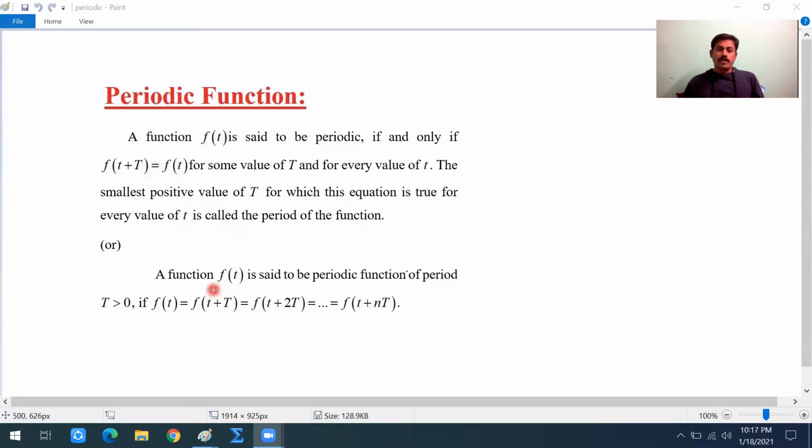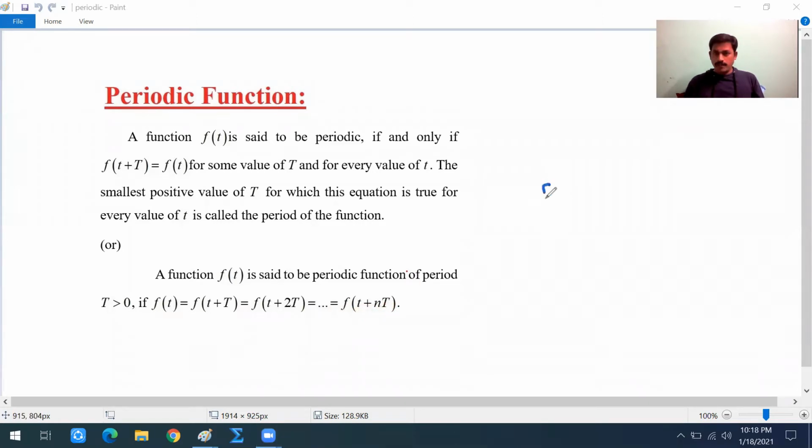or a function f of t is said to be periodic function of period capital T greater than 0 if f of t equal to f of t plus T equal to f of t plus 2T equal to etc equal to f of t plus nT.